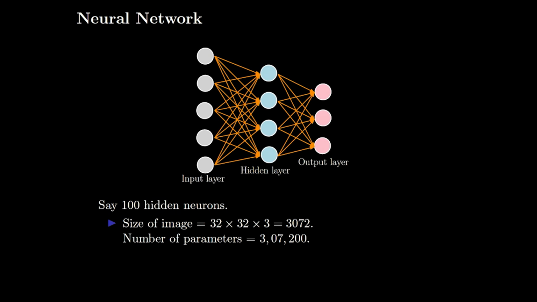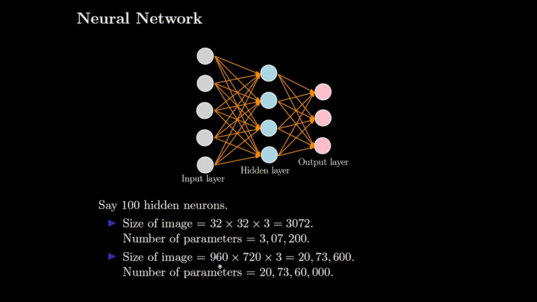On the same line, if the image size is say 960 cross 70 cross 3, by just rastering the input as a single vector for the multi-layer perceptron, the size of the input layer becomes huge and the number of parameters blows up to a very large value. This will definitely lead to overfitting, as well as increase the complexity of the network and therefore increase the time required for training the network.